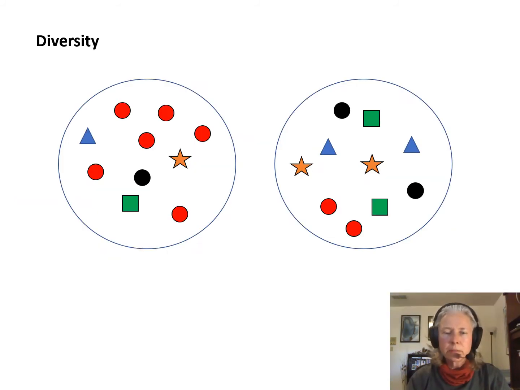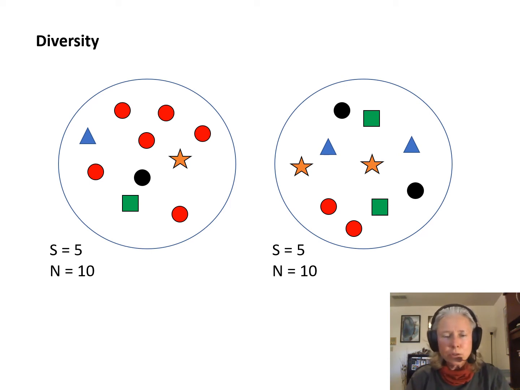So now that we've estimated richness, let's move on to diversity. And here's an example of why using a diversity index or a diversity metric, those are synonymous, is important. We have two communities here with species that I've represented in different little colored shapes. And these contain the same number of species and the same number of individuals.